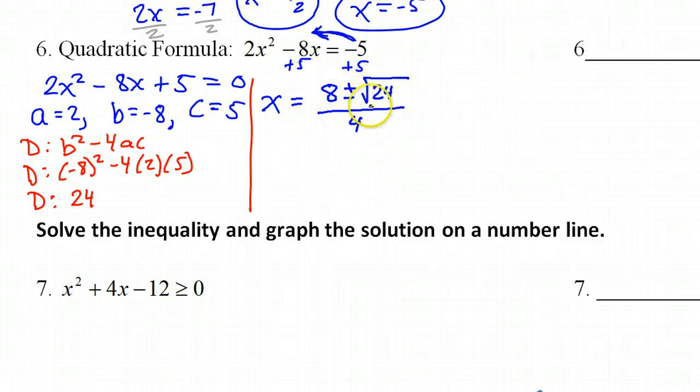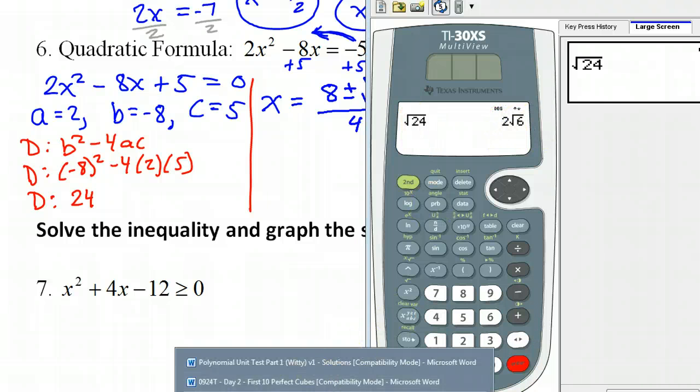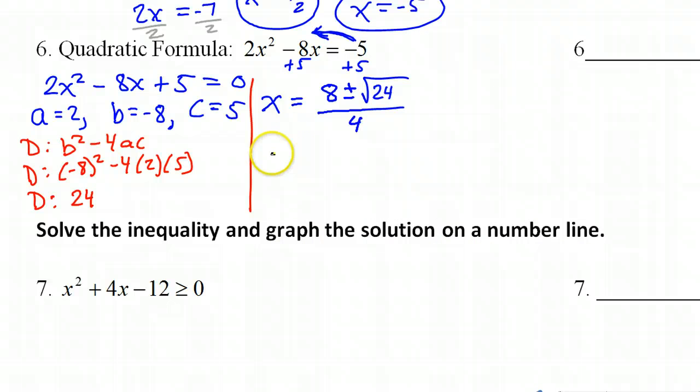Do not type this whole thing into your calculator. The only thing that you should be putting in your calculator is the square root of 24, and that's if you can't do it in your head, like I can. No time to teach you that right now. So the square root of 24 is 2 radical 6. So then this becomes x equals 8 plus or minus 2 root 6 over 4.